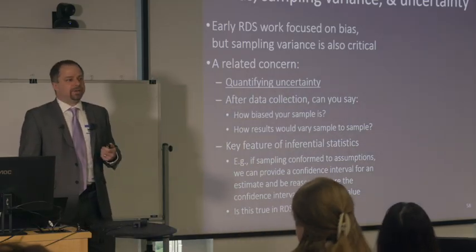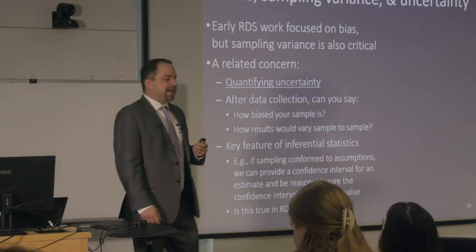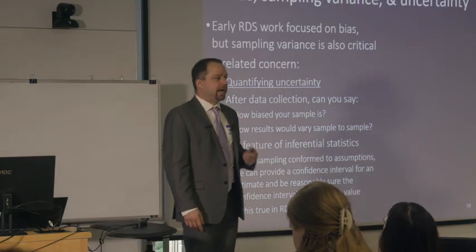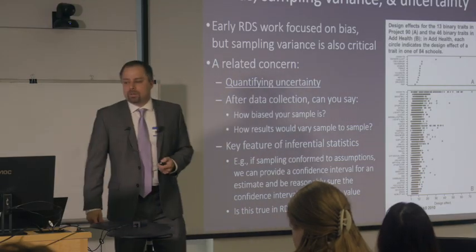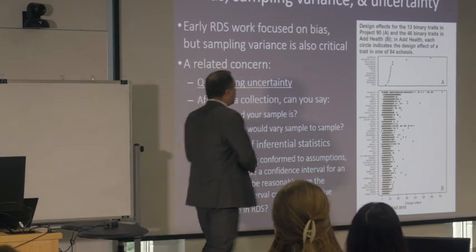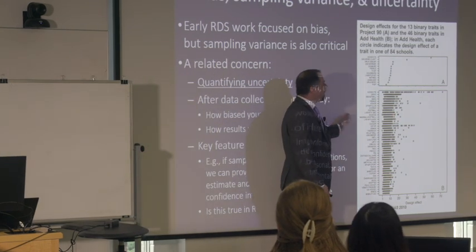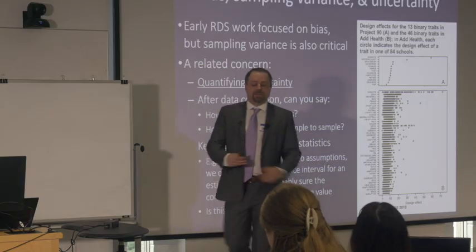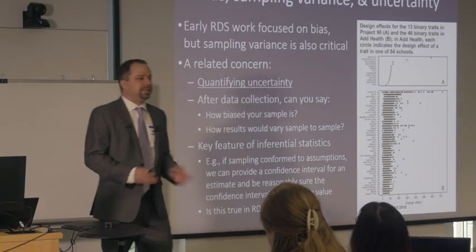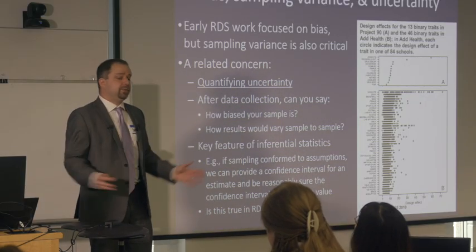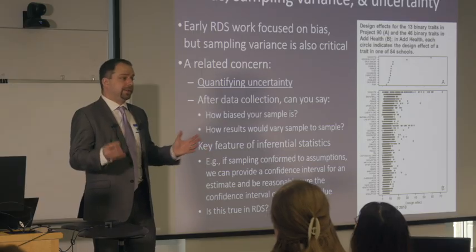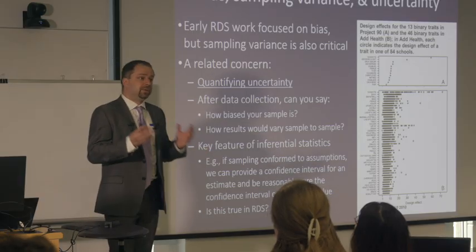Another related concern is, can we even detect that we're in a situation that has high variability? Early work by Matt Salganik and others first started to diagnose this, showing that when you run lots of RDS samples on particular networks, the variability in the results is really, really high, substantially higher than traditionally assumed.